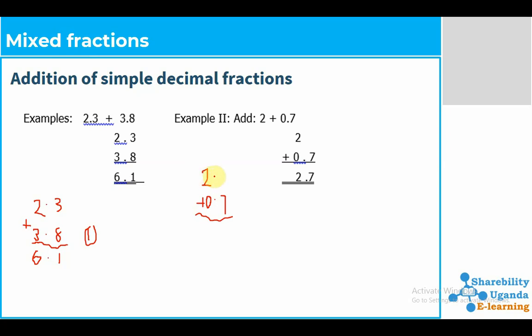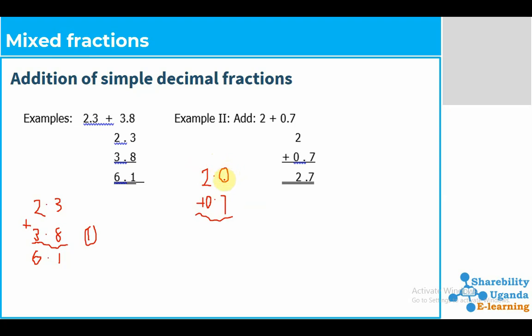What you can do, you can make this number of ours which is a 2, you say 2.0. You just make it 2.0, because when you say 2.0, it is the same as 2, such that now all of these numbers are now what? It is also now a decimal number.